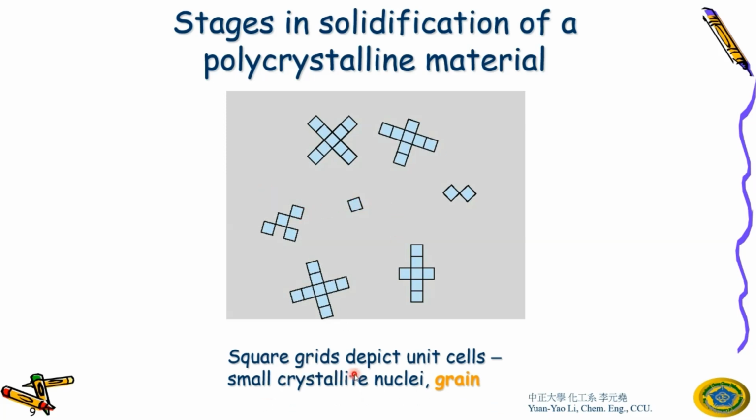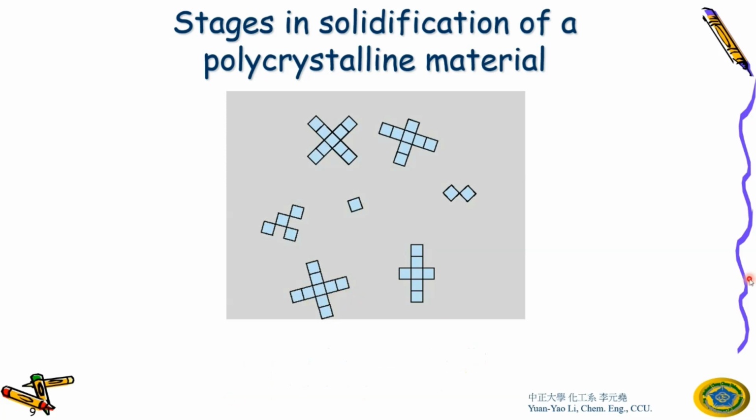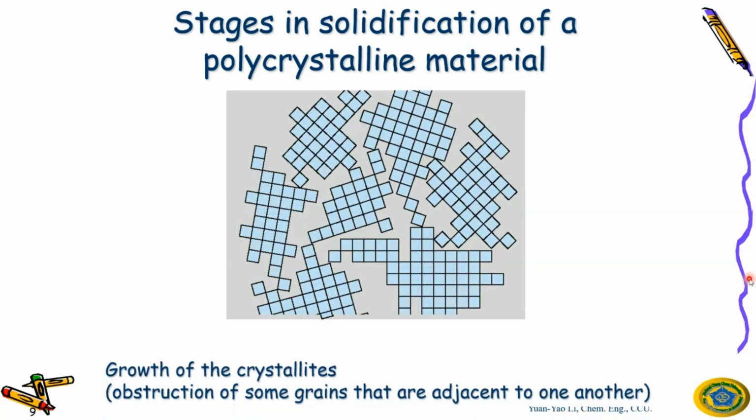So the square grids depict unit cells, a small crystalline nuclei. Okay, we call this grain. Imagine when you start to reduce the temperature, you will have more crystals get together, and it becomes a small grain, then a bigger grain. Okay, so this is called growth of the new crystalline.